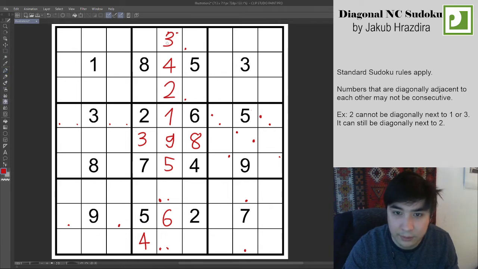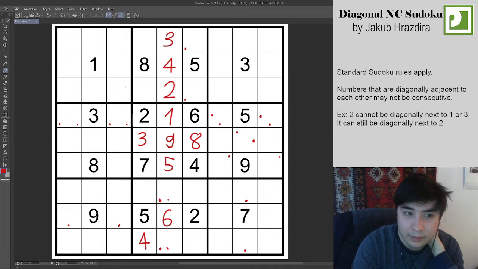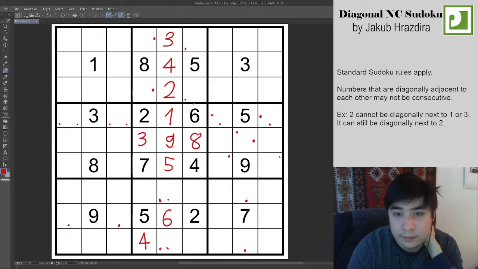Let's just get rid of the pencil marks real quick. 1, 6, all 6 has got to be here or here. 7 and 9 are missing.